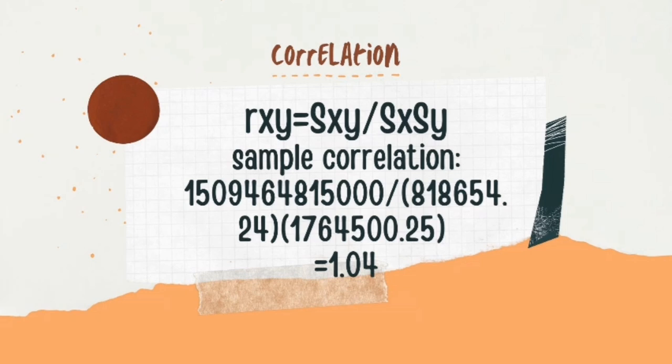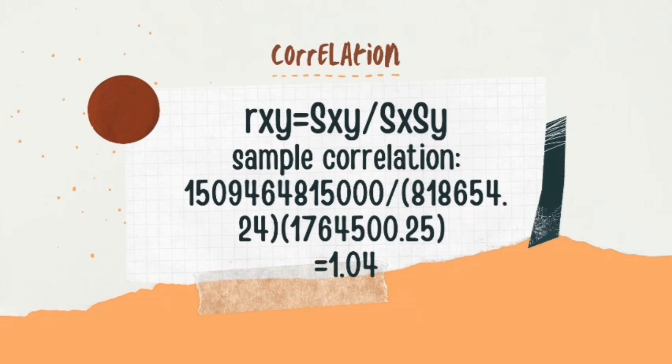Secondly, we find correlation. To find correlation, the formula is SXY divided by the standard deviation of X for domestic and the standard deviation of Y for international travel worldwide.